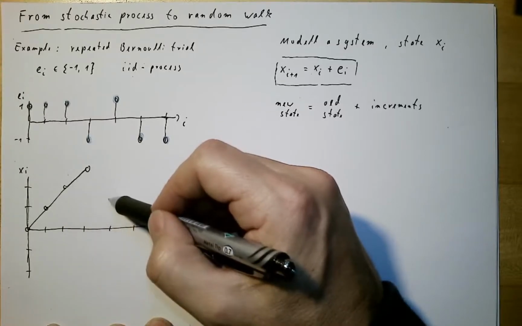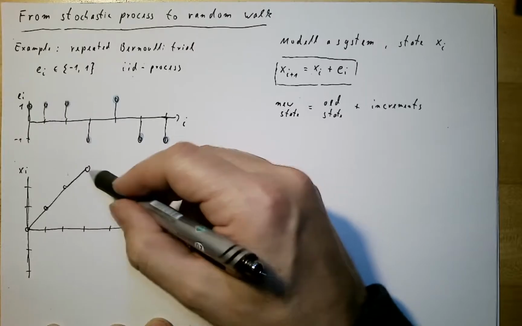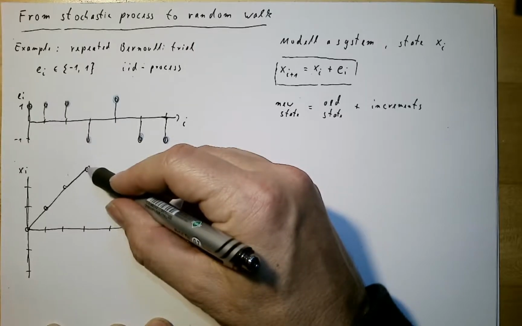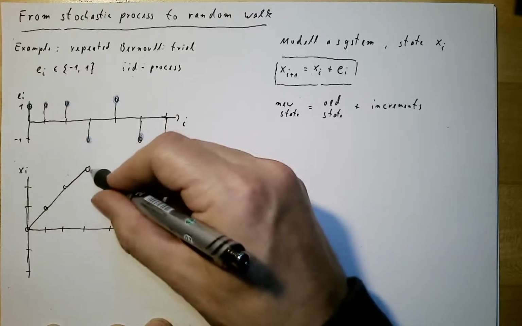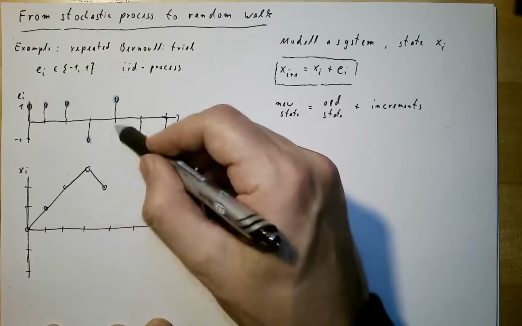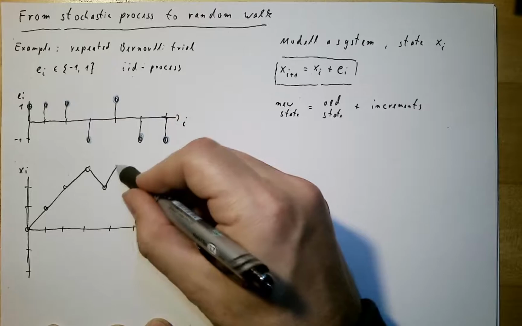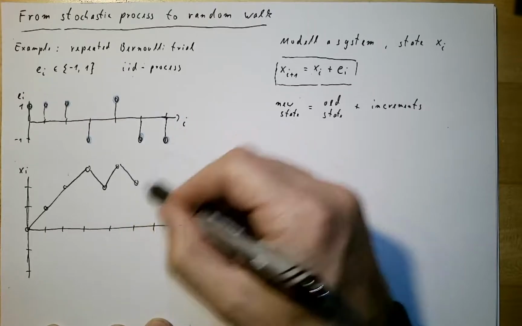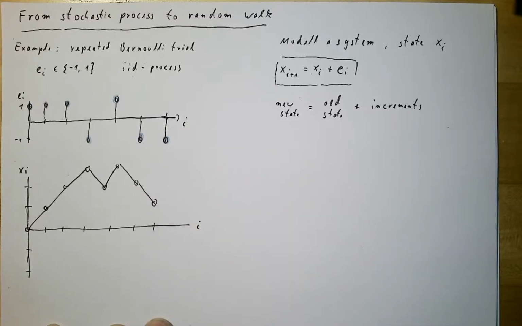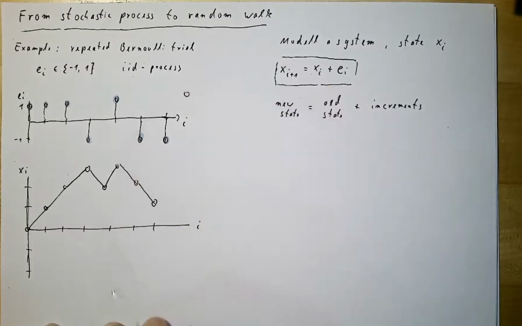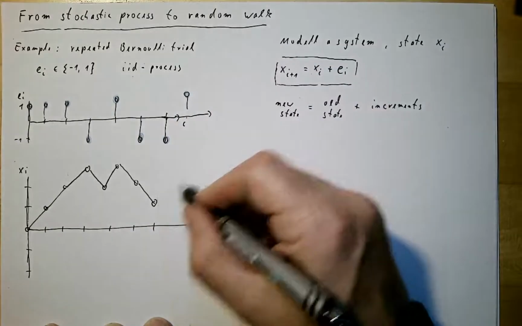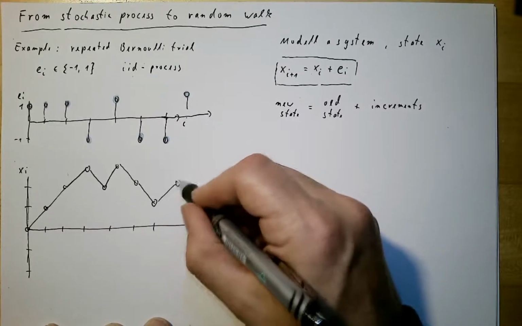But in the next time step, time step 4, our state is 3 minus 1, and then we go down again. Then in the next time step we go up again, and we go down again. Let's assume maybe here we would have another positive value to make this a little bit larger, then our state would increase again.